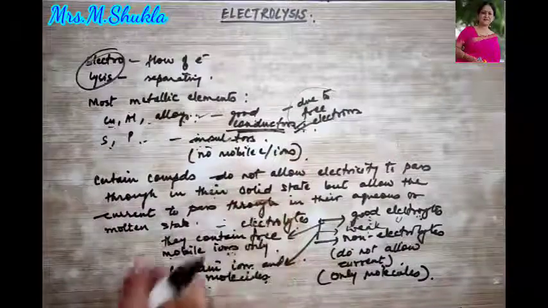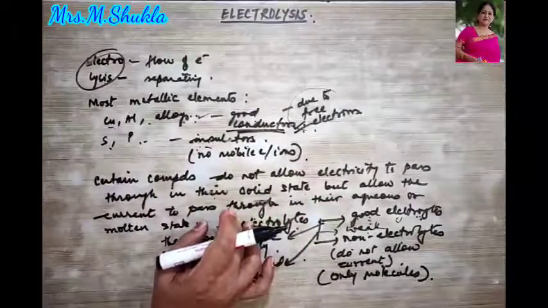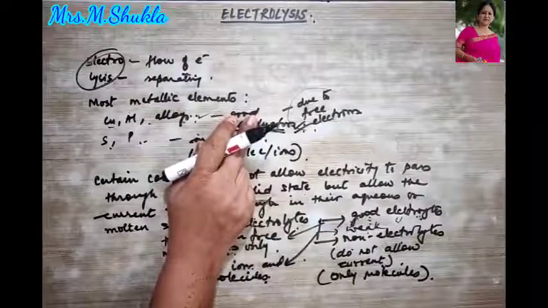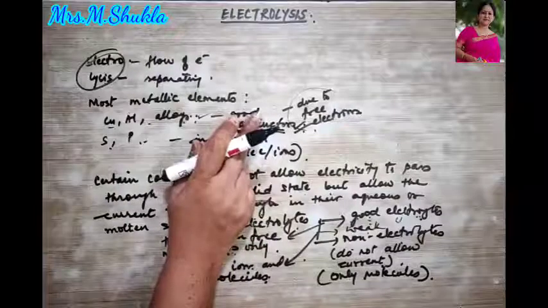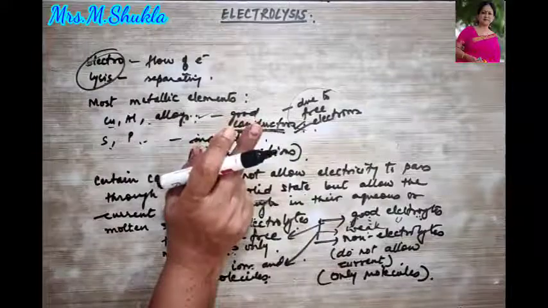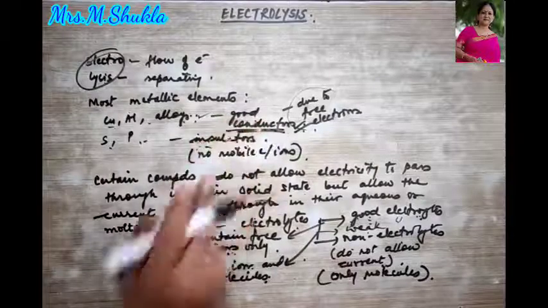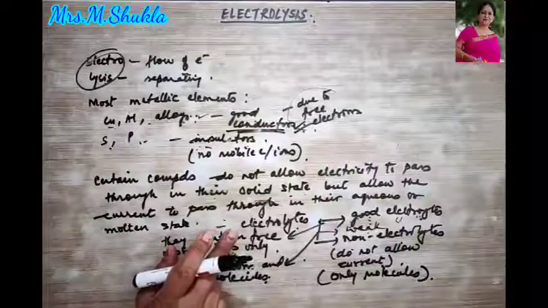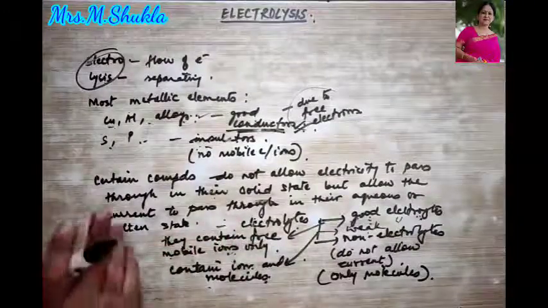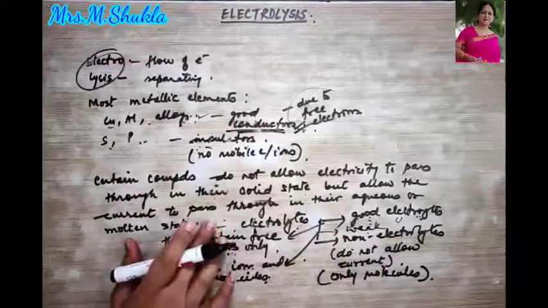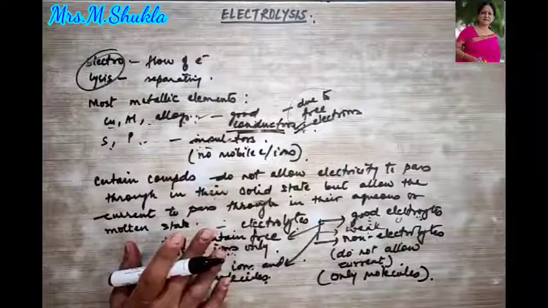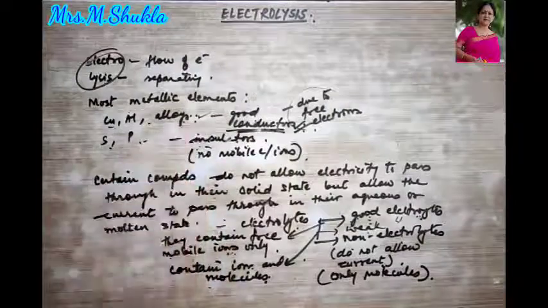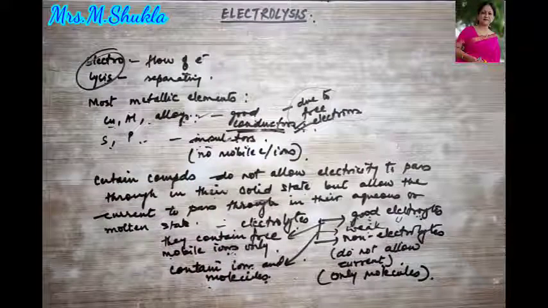Some more points of difference between conductors and electrolytes. Metallic conductivity is the property of metals and alloys, whereas electrolytic conductivity is the property of electrovalent compounds. Here the current flows due to the formation of ions from electrovalent compounds, whereas there it flows only in metals.